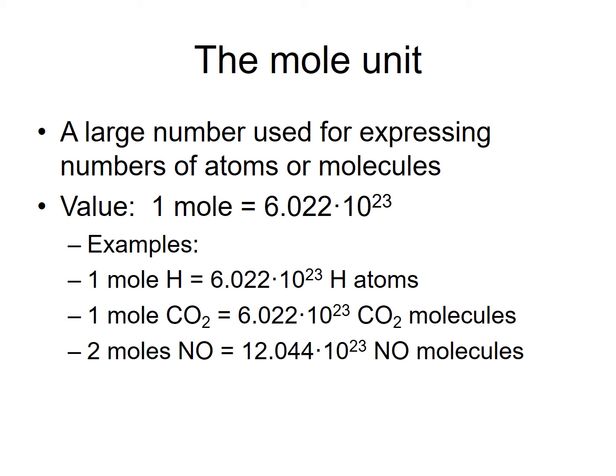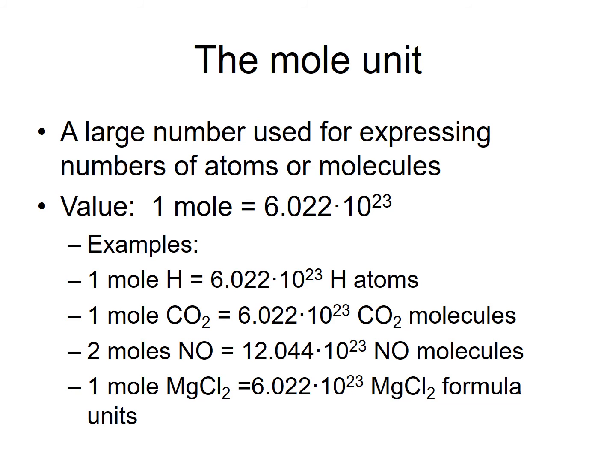Or to say 2 moles of NO, again now I'm talking about counting NO molecules, and it's simply twice Avogadro's number, or 12.044 times 10 to the 23rd. Ionic compounds don't come in molecules, but rather formula units.